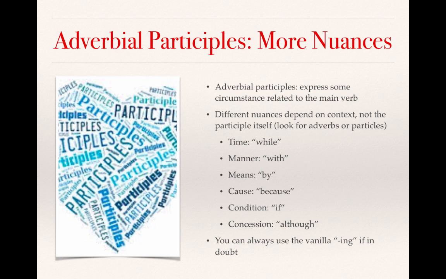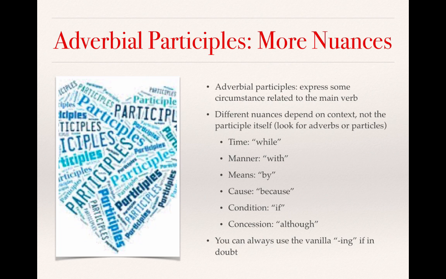But what's most important is that first you're able to recognize that it is an adverbial participle rather than an adjectival participle. And second, that you can begin to compare English translations, because some of the English translations are going to bring out a nuance in the participle that is based on the context, that is open to interpretation.